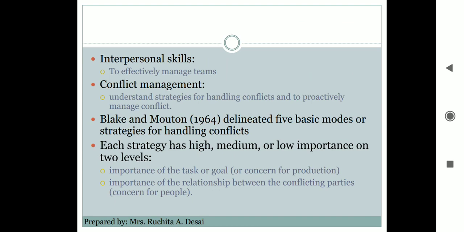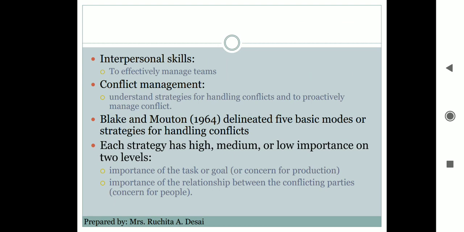There are various ways of managing conflicts. In some cases we need to compromise, in some cases we need to accommodate, in some cases we need to find the root of the problem and solve it.